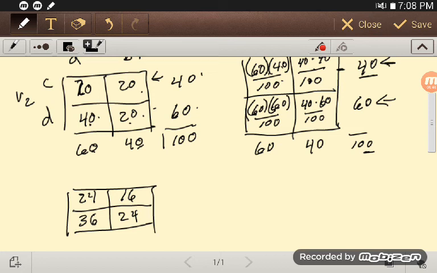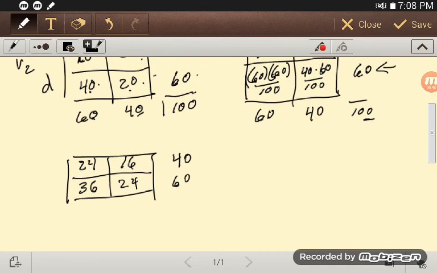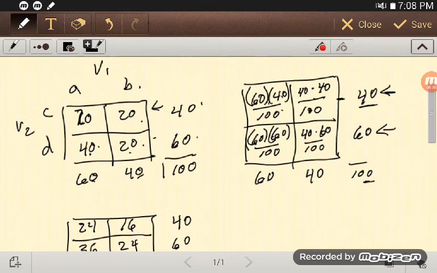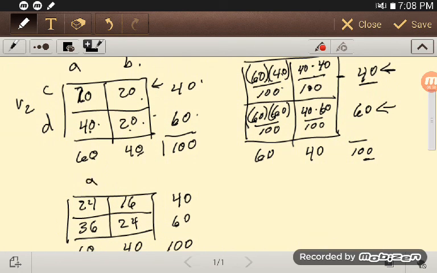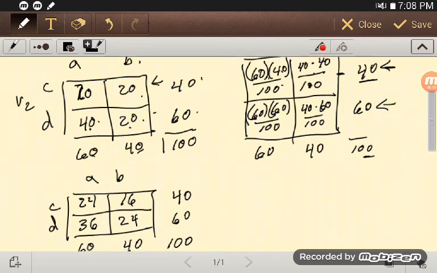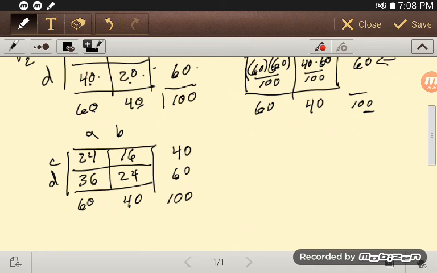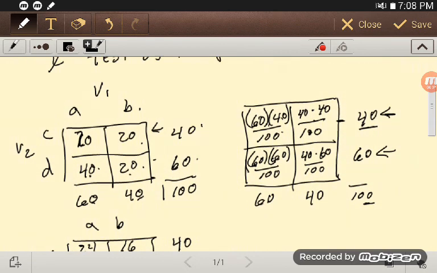And notice these add up to 40, 60, 60, 40, and 100. So this is my A and B and my C and D for my expected. So we have here our actual data, and here is what we would expect if they were independent.